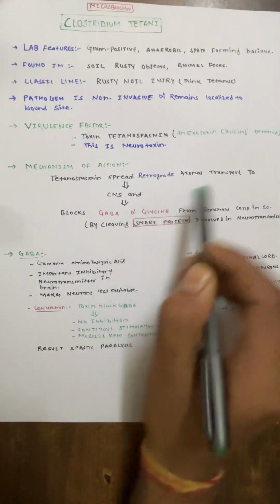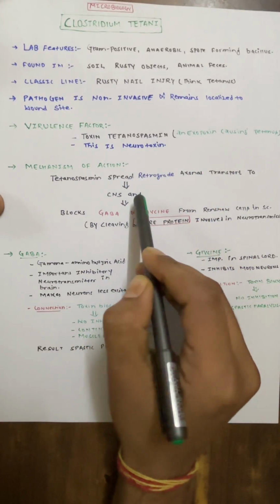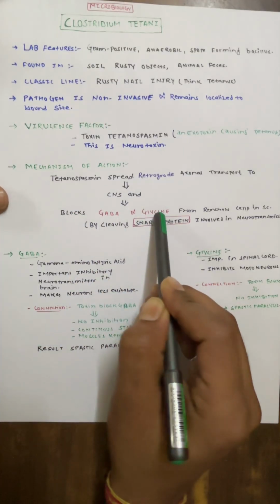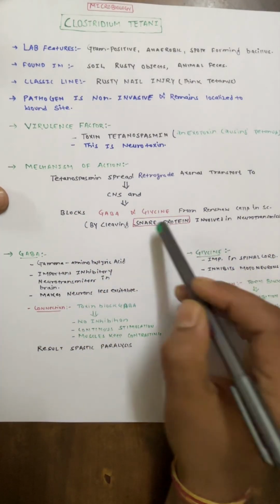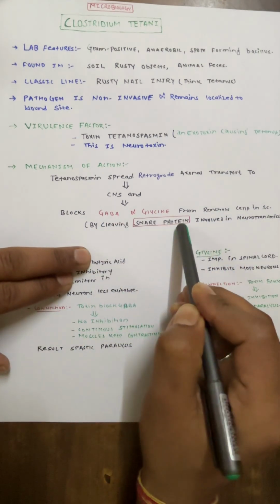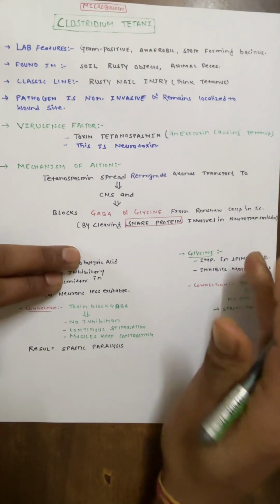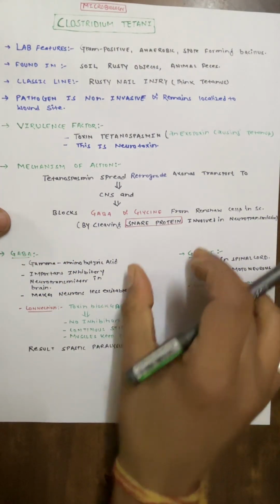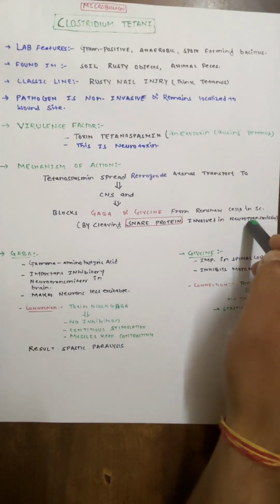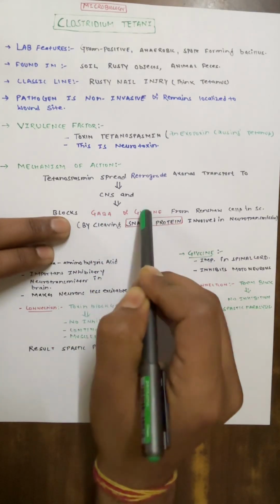Then it reaches the CNS, and in the CNS it blocks GABA and glycine from the Renshaw cells by cleaving SNARE protein involved in neurotransmission. This SNARE protein is involved in transmission in the neurons, so the toxin cleaves this protein and blocks GABA and glycine.